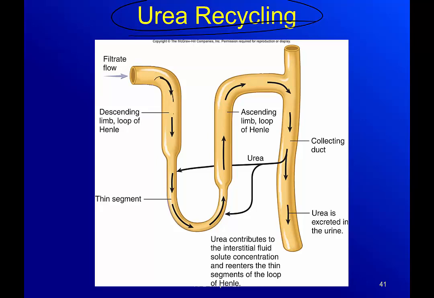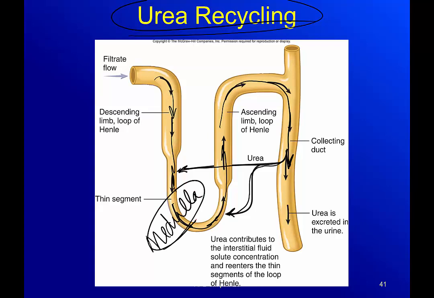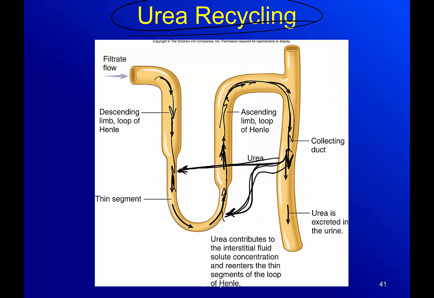So urea is normally part of the urine and we're trying to get rid of it, but when it hits my collecting duct, the collecting duct actually spits some of it back out into the medulla. Remember, this is the medulla. And believe it or not, we actually pick it up and we put it back into the tubing to get rid of it, and then the collecting duct dumps it off.